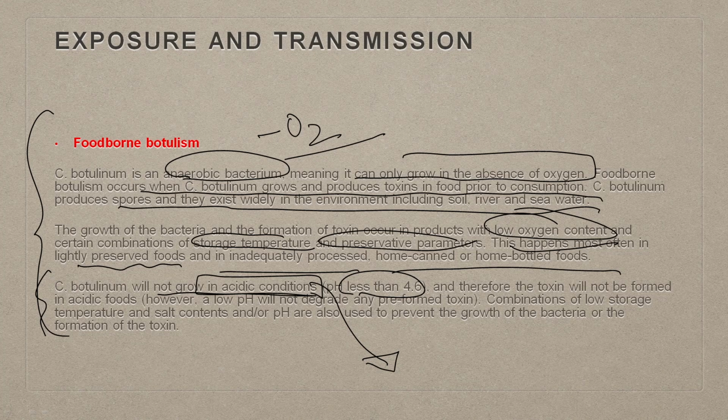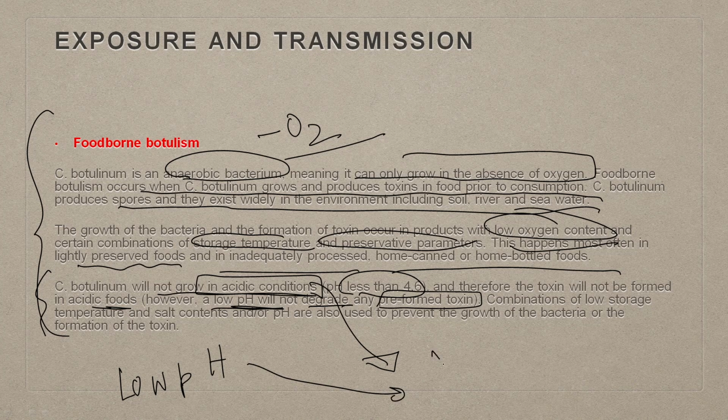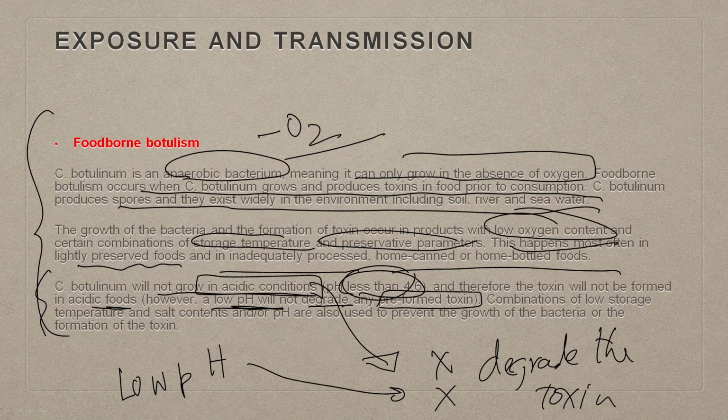Therefore, the toxin will not be formed in acidic foods. However, a low pH will not degrade any preformed toxin. Remember, low pH can't degrade the toxin, but the bacteria will not grow at low pH.